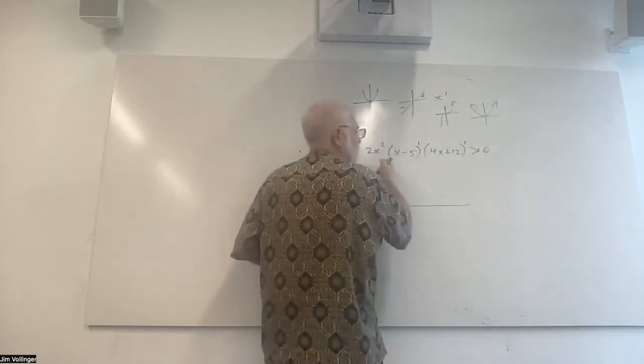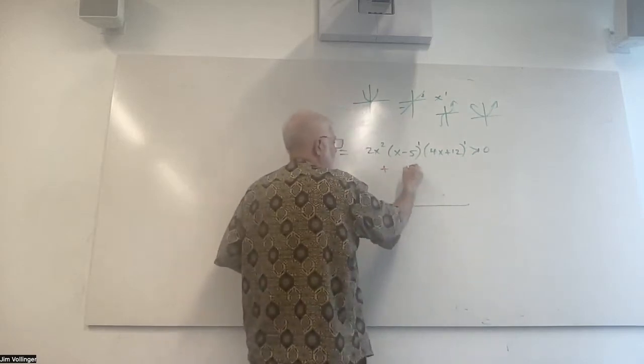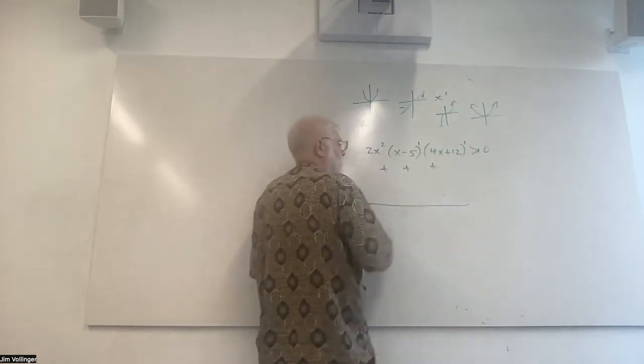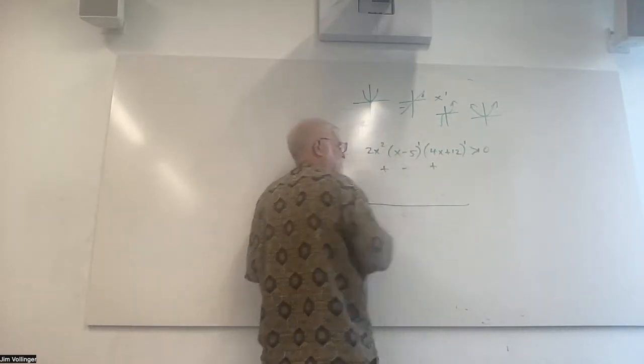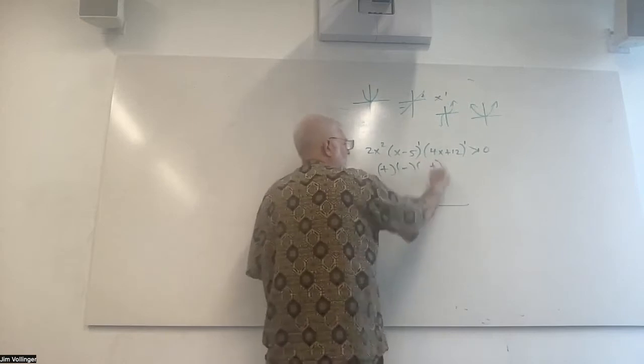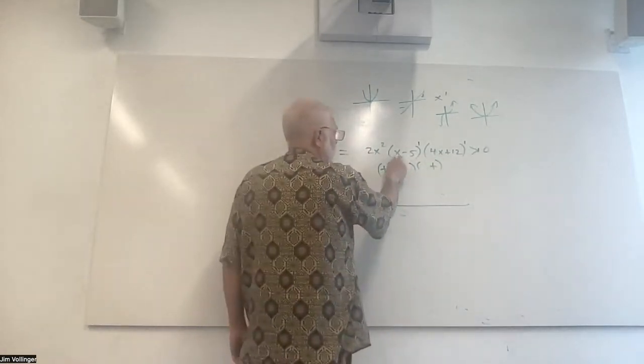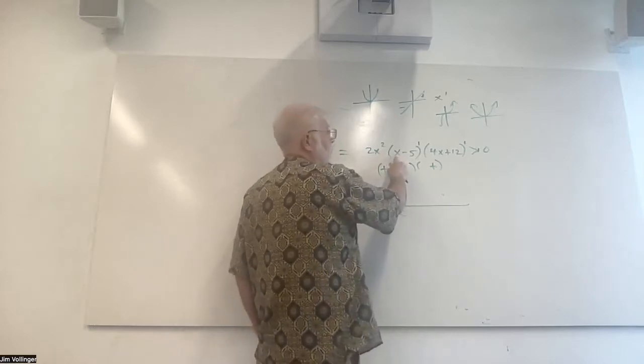And sign changes here are everything, because what if I had a positive times a positive times a positive? Well, then that's a true statement. But if one of them changes signs, it's only going to change signs at numbers really close to 5, right?